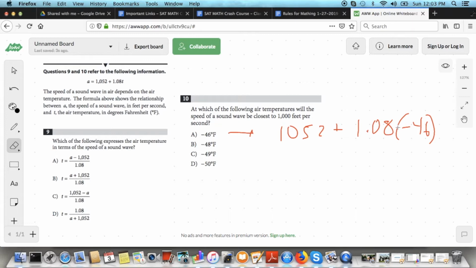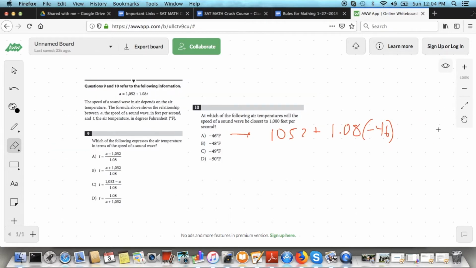So let me try it again. 1.08 times 46 equals, and I'm going to add that to 1,052, and I get 1,002.32, which is pretty close to 1,000.